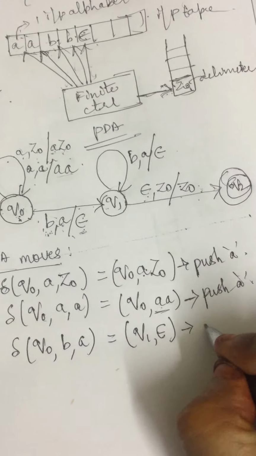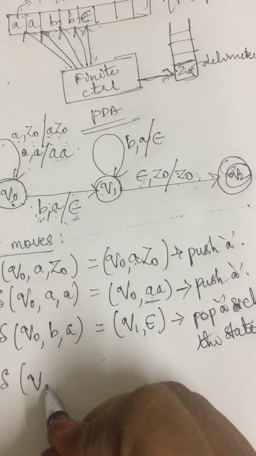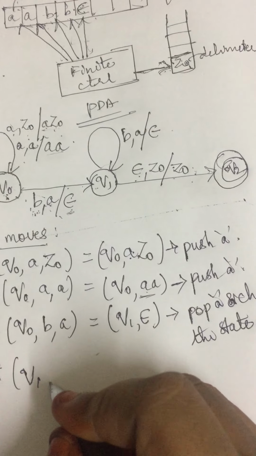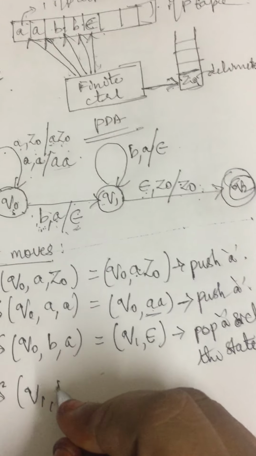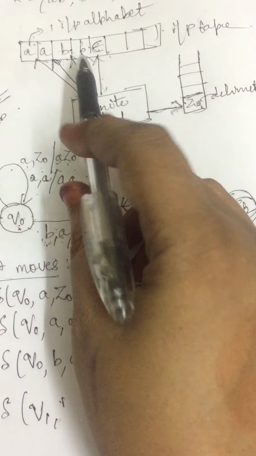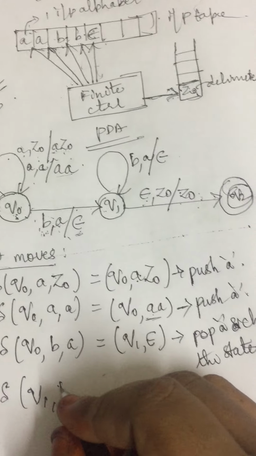So this is how we are going to pop A and change the state. Similarly, for the second B, the same procedure. The present state is Q1, and the present input symbol is B here, the second B.